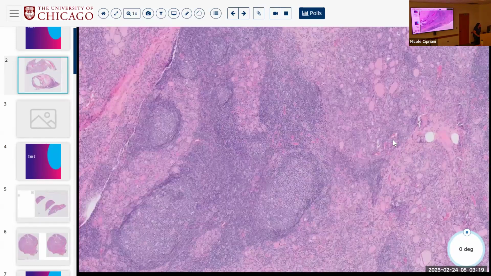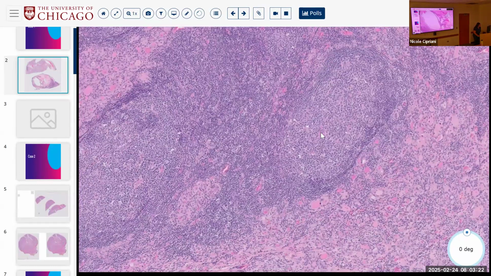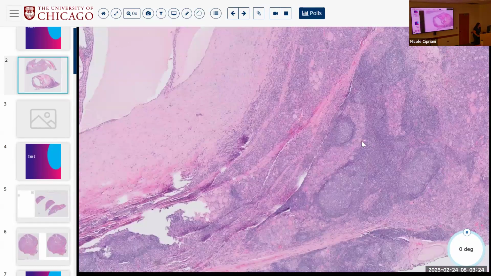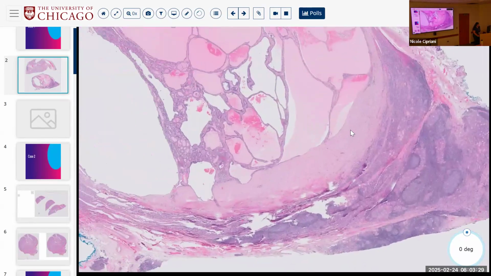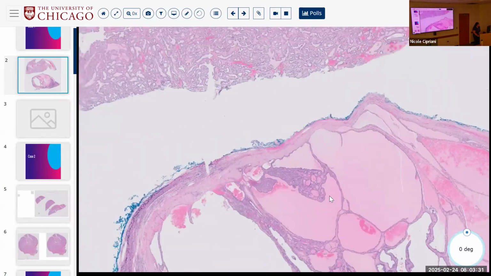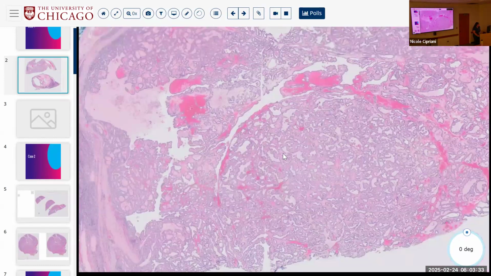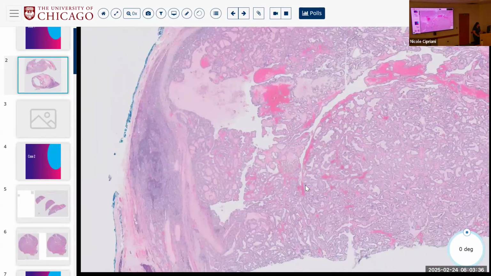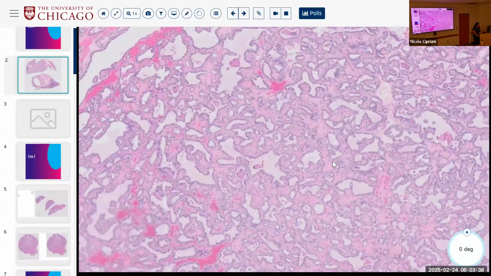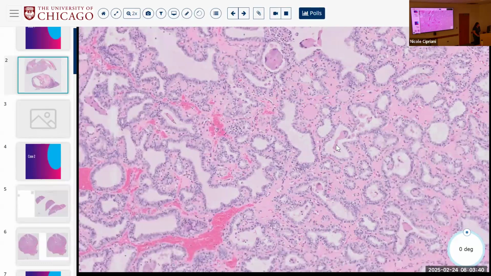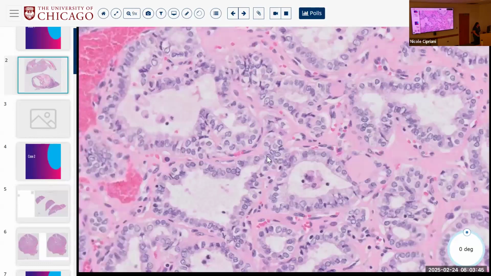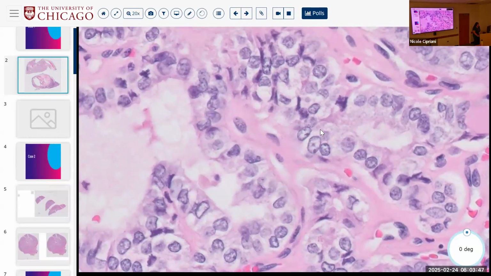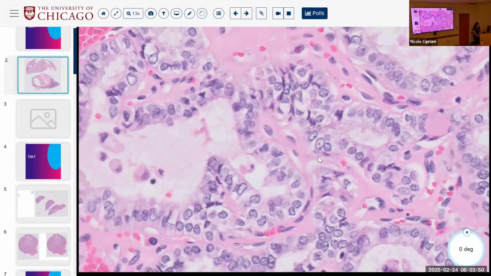Some lymphoid aggregates surrounding. So in one word, what would you call those lymphoid aggregates in thyroid parenchyma? Thyroiditis. All right, good. And then being a papillary architecture this way, but I do see some rippling and some chromatin clearing.